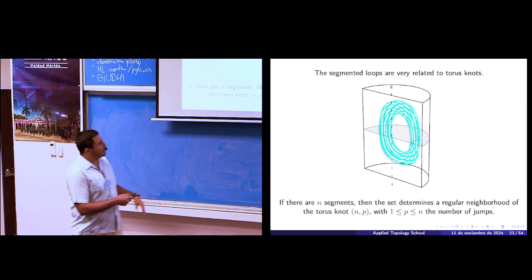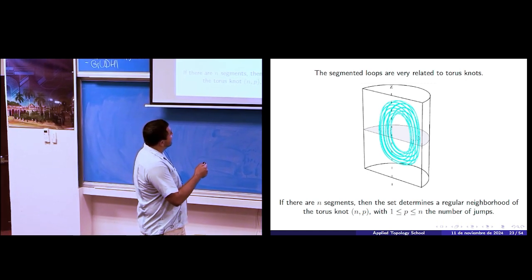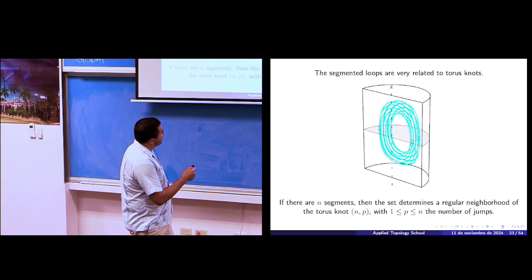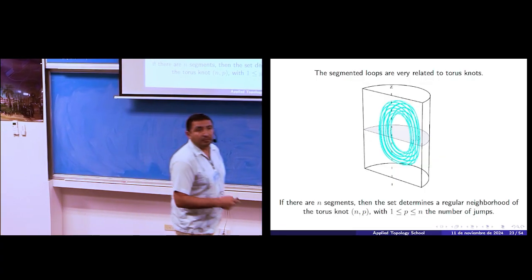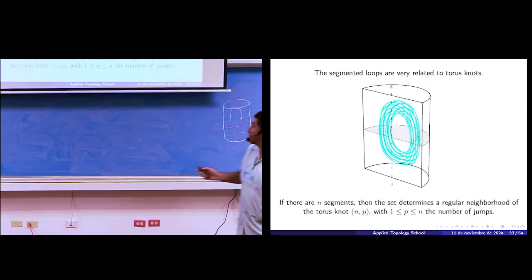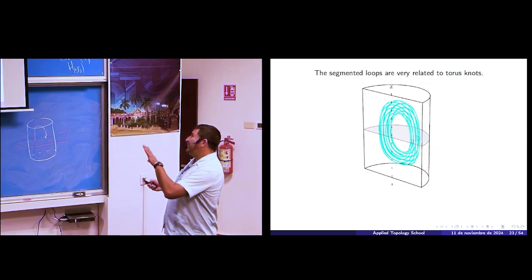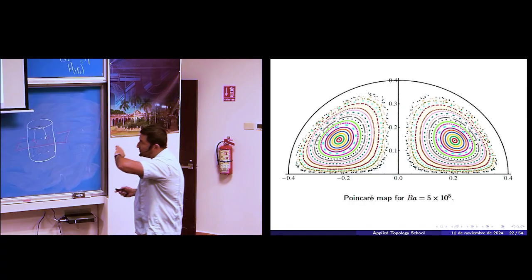And p is the number of jumps that we make to start in a component after a lap: how many segments the orbit jumps to reach the next segment which it touches. Then these parameters can determine the properties of this flow.